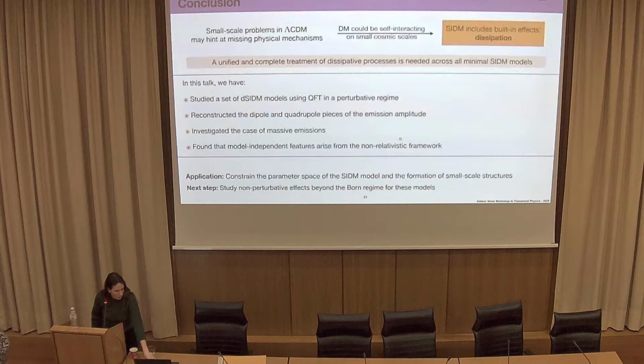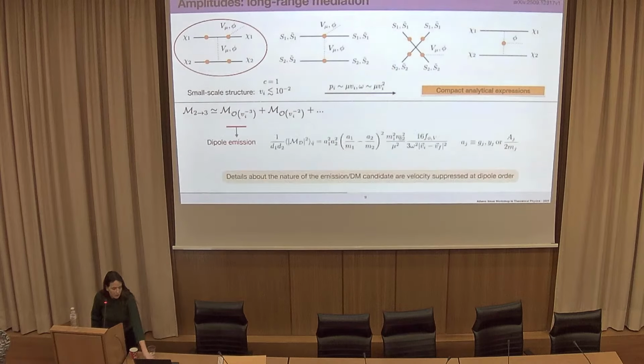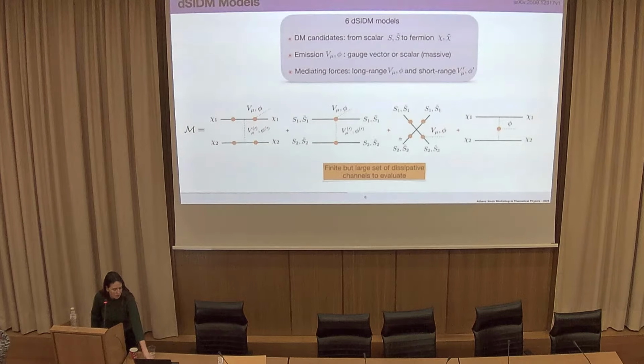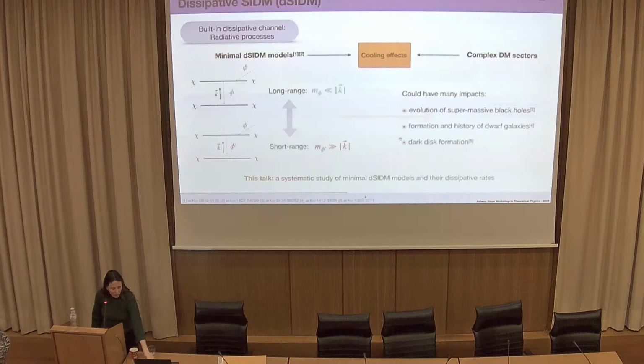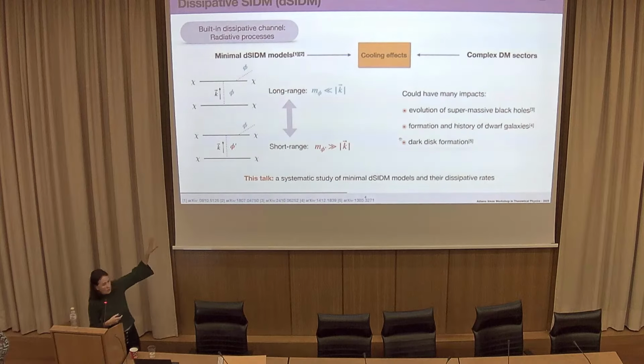Yes, this is clear. For sure, because we take them as really being a tree-level expansion of your self-interaction. In other more complex dark matter models, they base themselves on a baryonic-like sector, so this question of dissipation appears in a completely different way. You have bound state formation, and you can have these dissipative effects appear differently. But for this context, for minimal models, you need to have self-interaction.